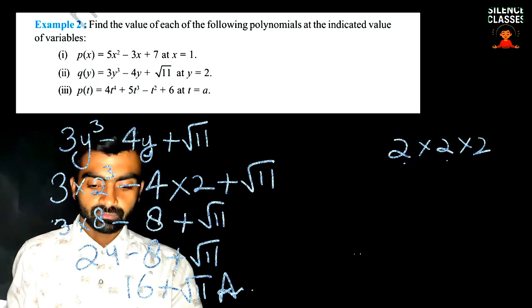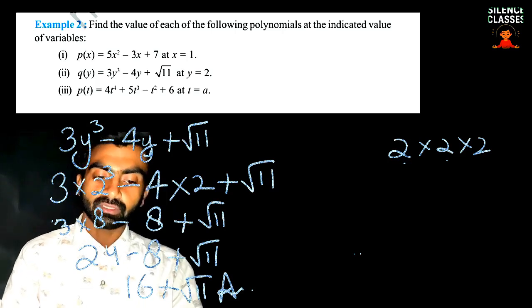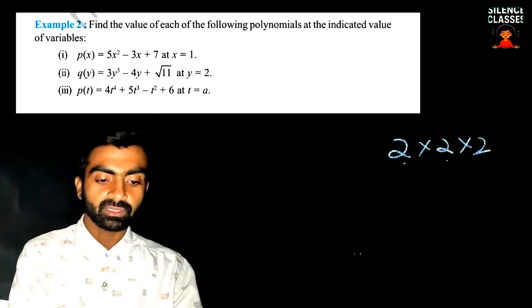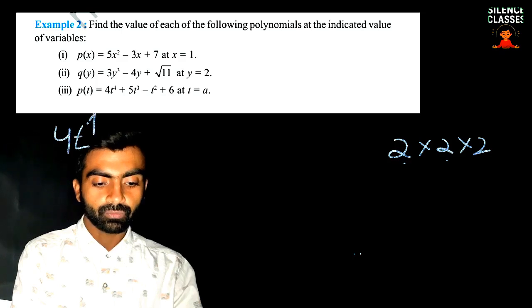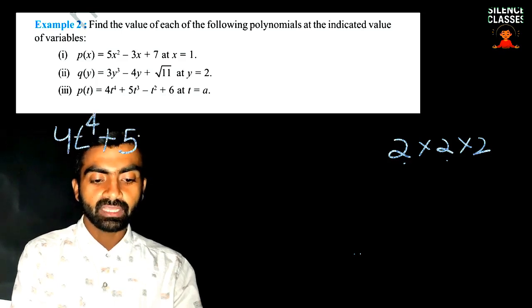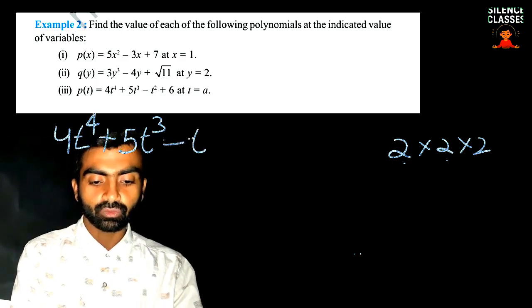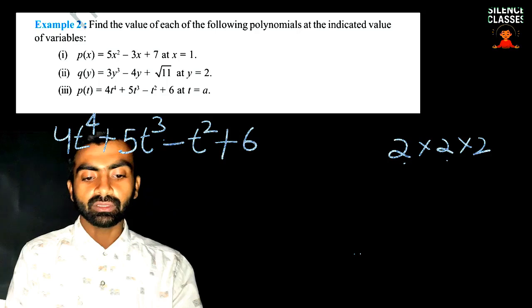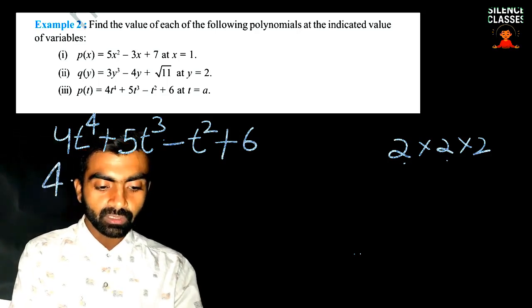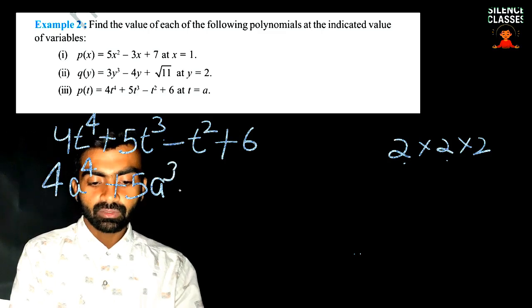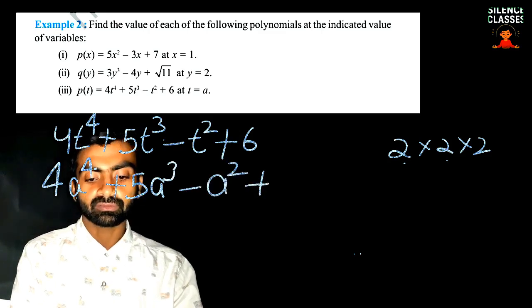Now let's move to the next part. Over here it is written 4t to the power 4 plus 5t to the power 3 minus t to the power 2 plus 6, where in place of t we have to put a. So 4a to the power 4 plus 5a to the power 3 minus a to the power 2 plus 6.